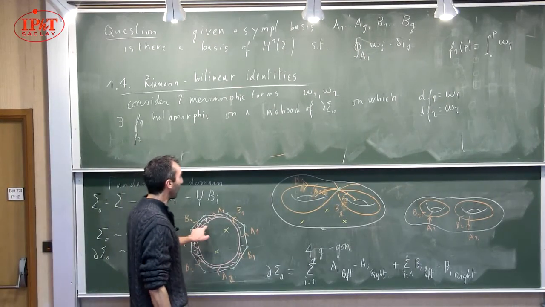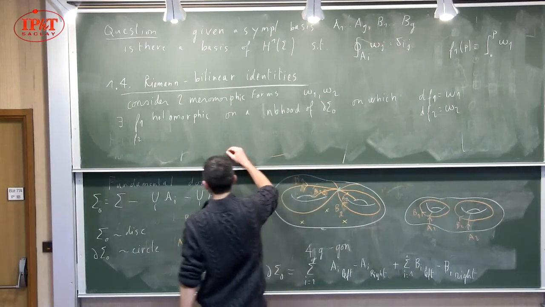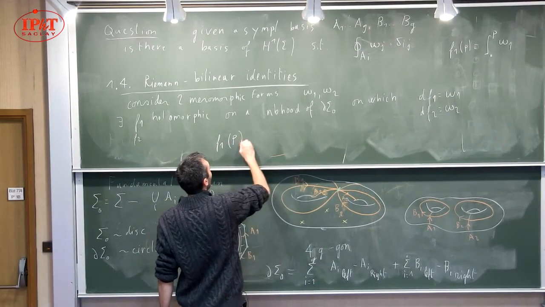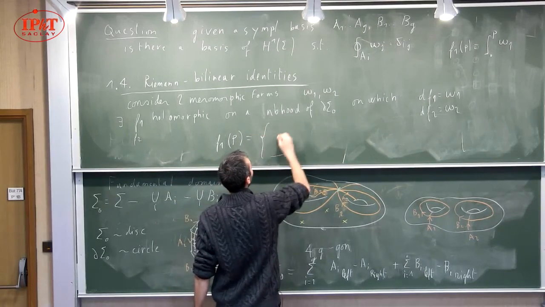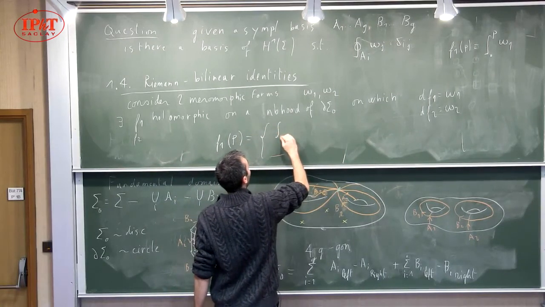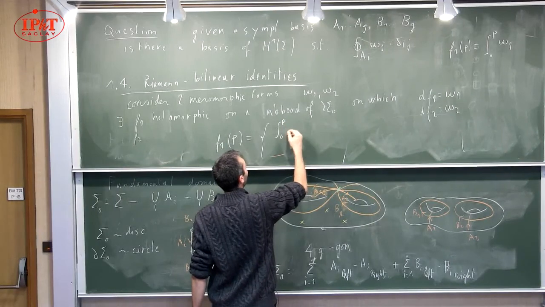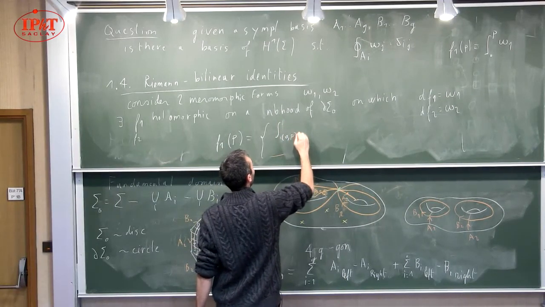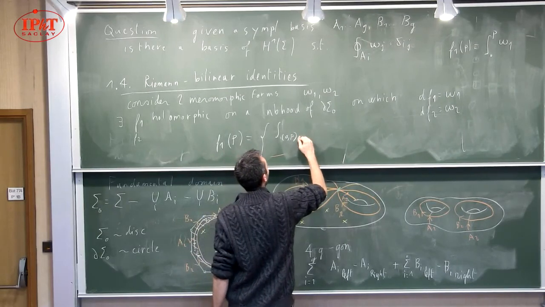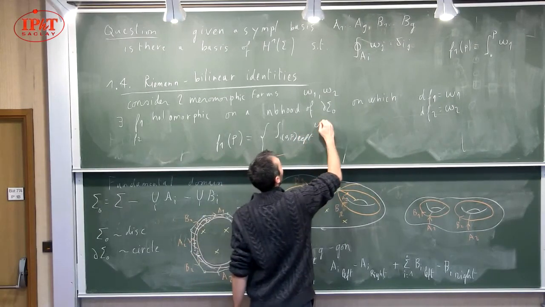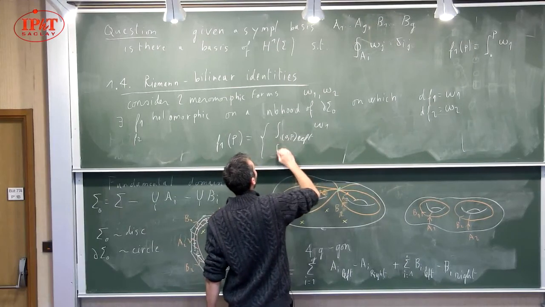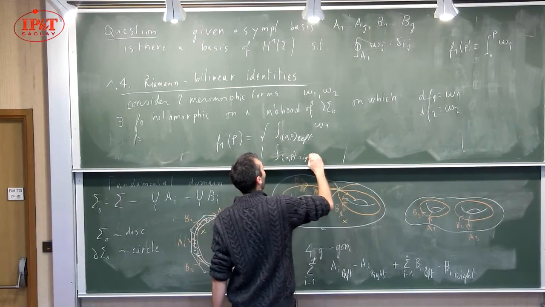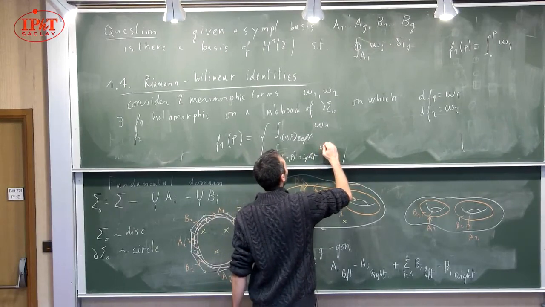So it means that you could define f1 of p would be either the integral from 0 to p on the plus side, left let's say, of omega 1, or it could be by going to the right side of omega 1.